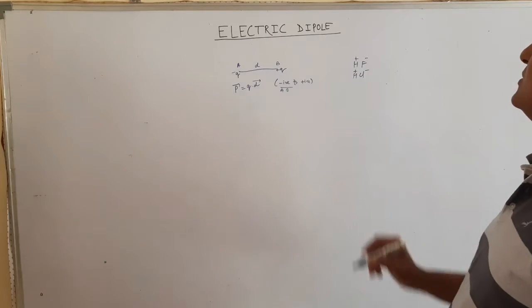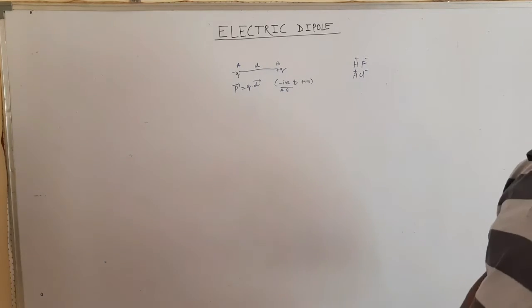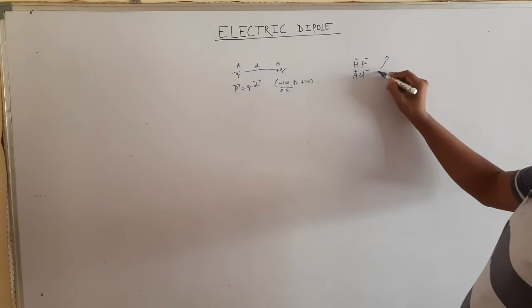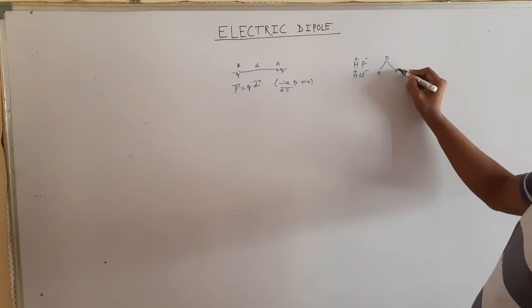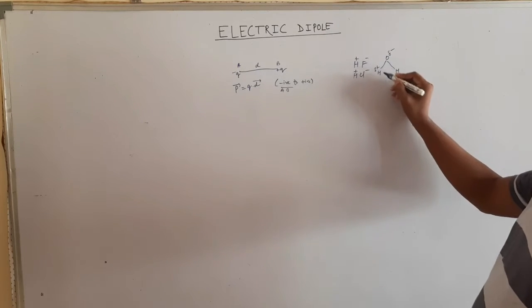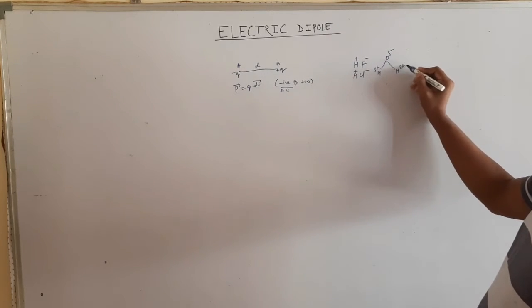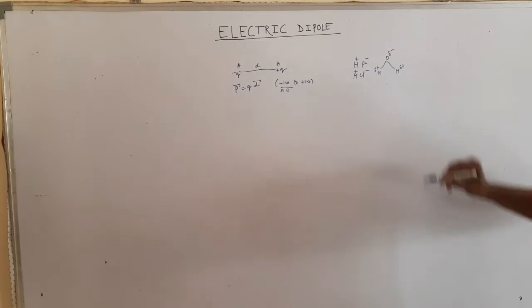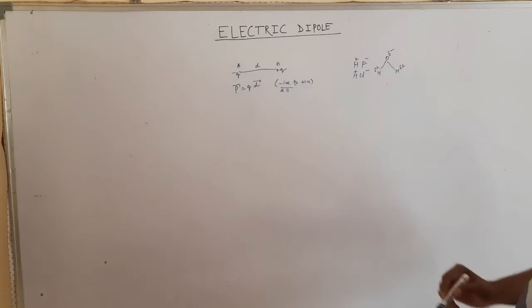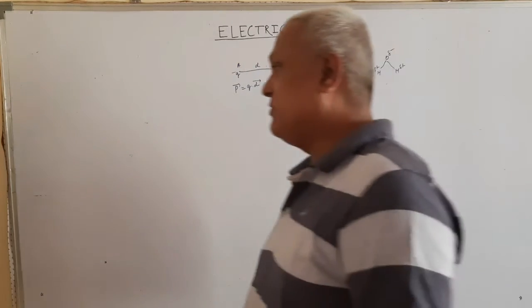This is called the electrovalent nature of covalent compounds. Water also has a dipole moment because oxygen develops a negative charge and hydrogen develops a positive charge. So these are again two charges equal in magnitude and opposite, separated by a distance. This is our electric dipole.